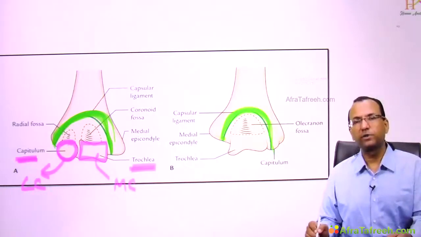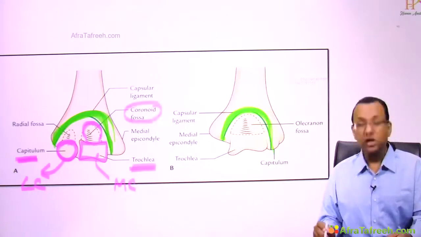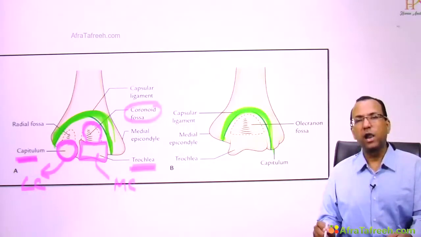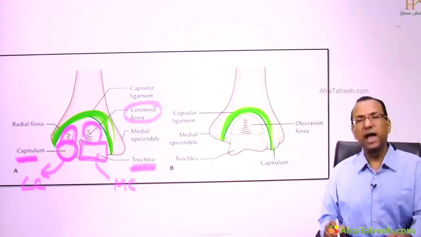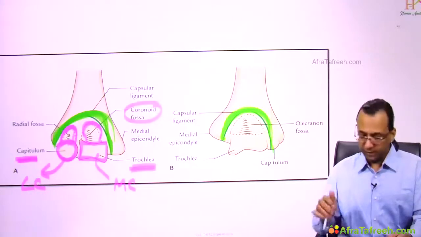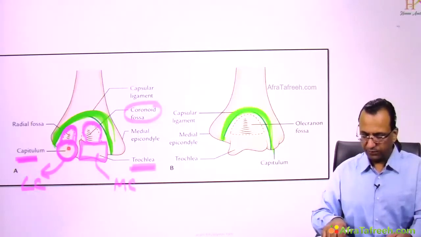Also, this space is called the coronoid fossa, to receive the coronoid process of the ulna, and here is the radial fossa, which will receive the head of the radius during movement at the elbow joint. The radius is the lateral bone, related to the capitulum and the radial fossa.